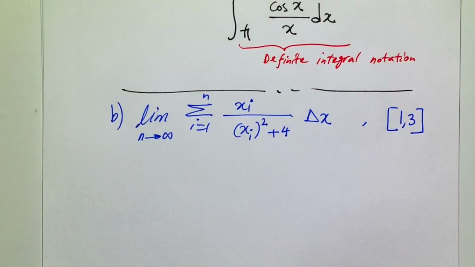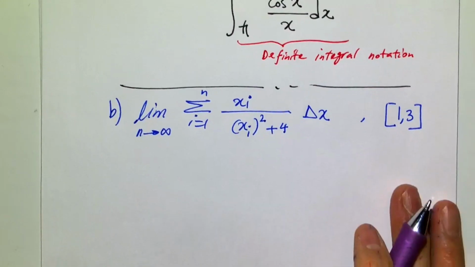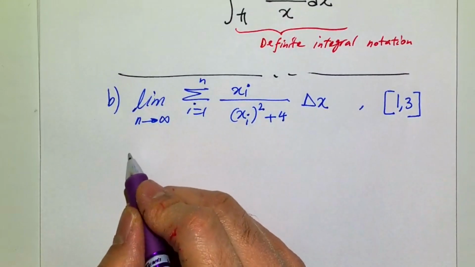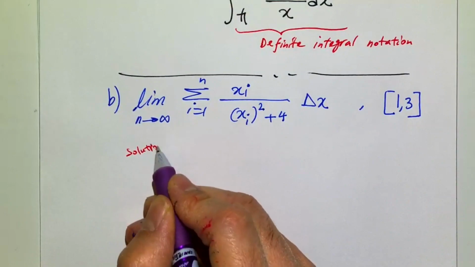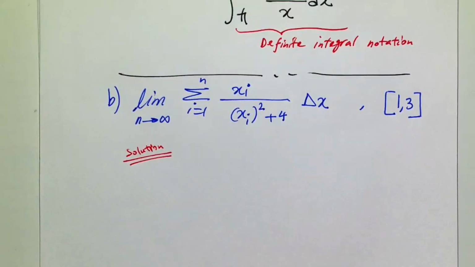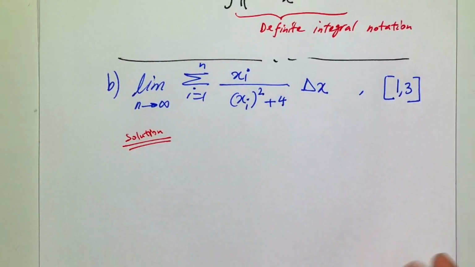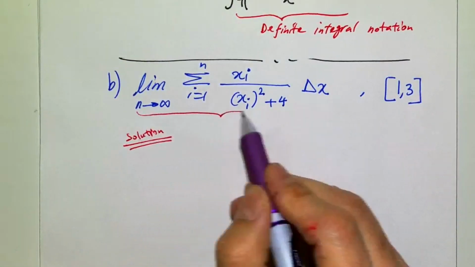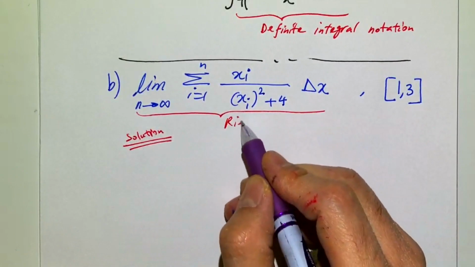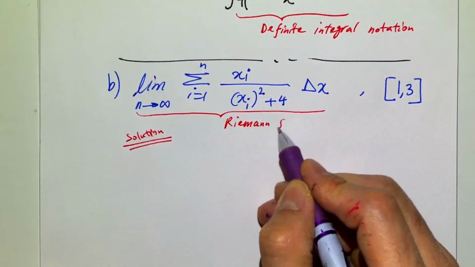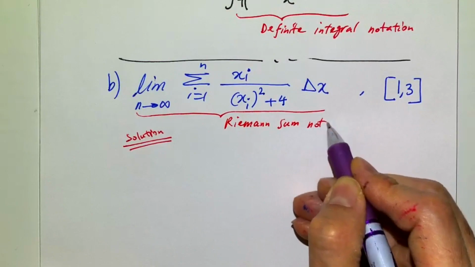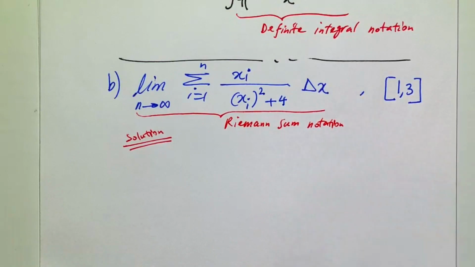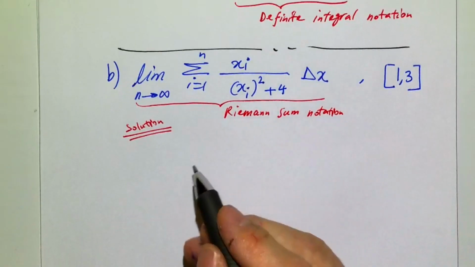So the solution of this: again, this conversion can easily be done. By the way, this is the Riemann sum notation. We convert it.